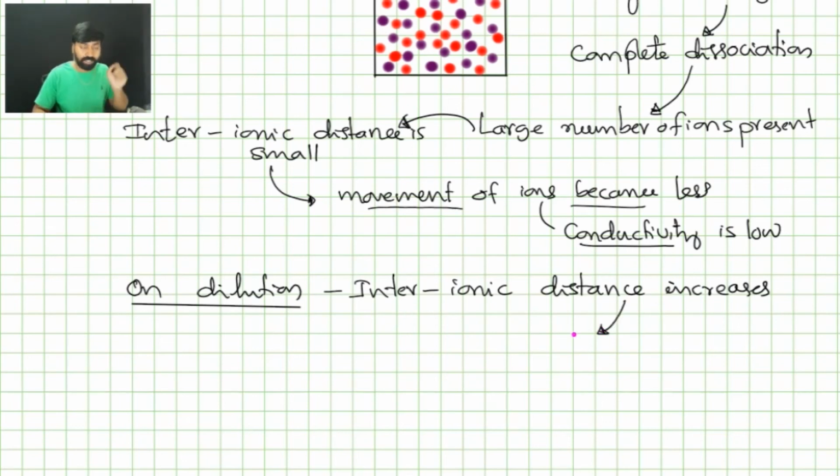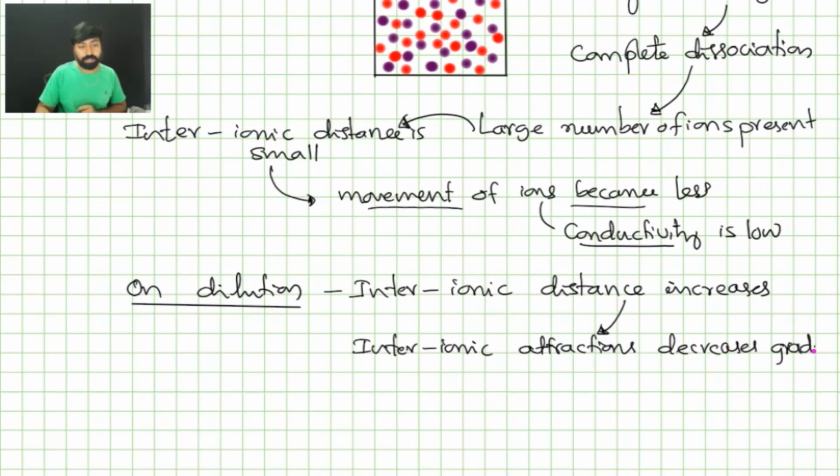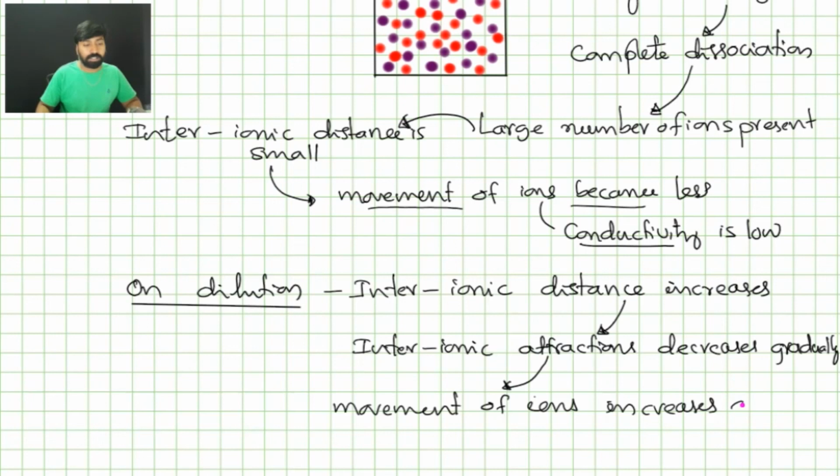Here the inter-ionic distance increases. As a result, inter-ionic attractions decrease gradually. As the attraction decreases gradually, the movement of ions increases gradually.